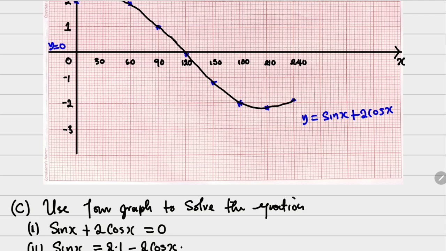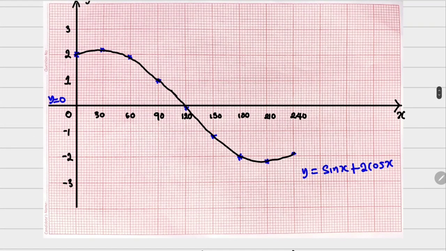And where y is equal to 0, it is this line, y equals 0. So what they want you to do is to take note of the point where the curve cuts the x-axis, which is at this point. That is our solution. If you check the point, it is one line before the 120 mark, and we need to know something.